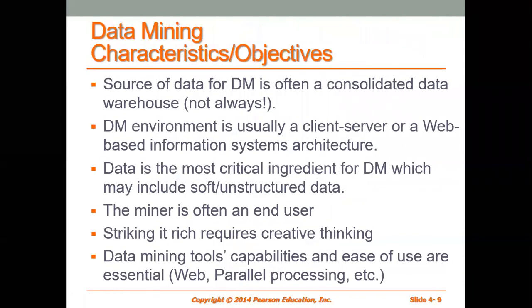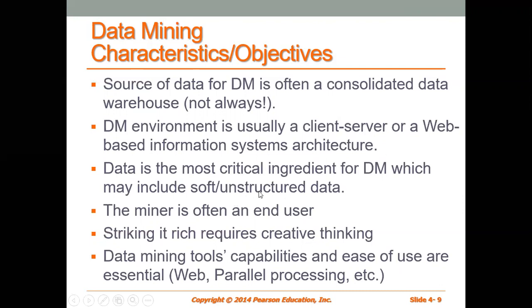So we have the characteristics of data mining. The source of data for data mining is often a consolidated data warehouse, not always. The data mining environment is usually a client-server or web-based information system architecture. Data is the most critical ingredient for data mining, which may include soft or unstructured data.